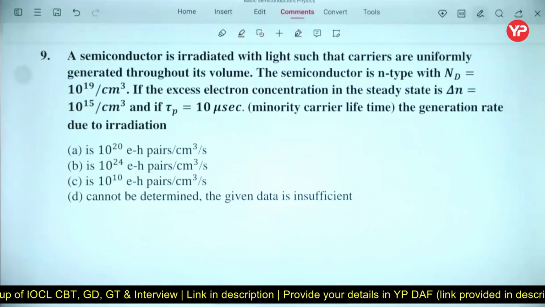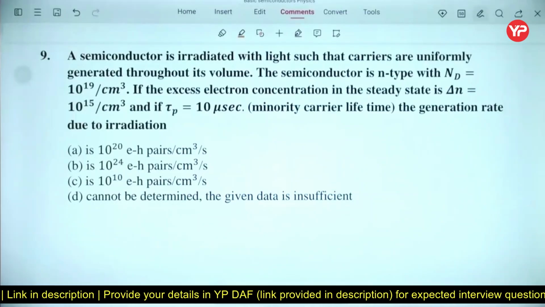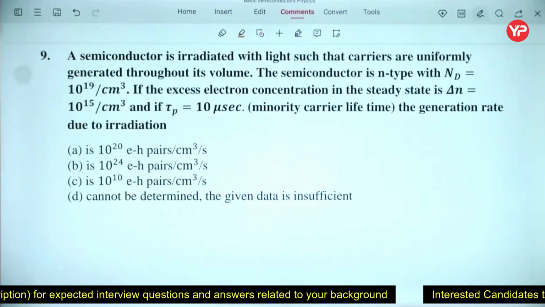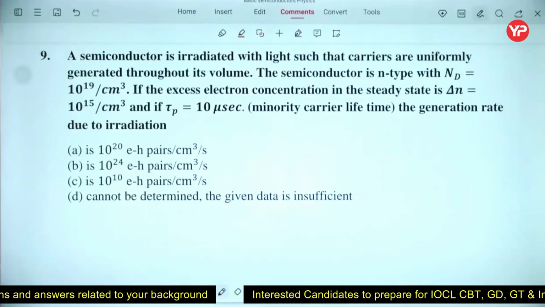The semiconductor is n-type with Nd given to you. The excess electron concentration in steady state is delta n. TP is the generation rate due to that one. Okay, everything is given to you. You have to solve it.